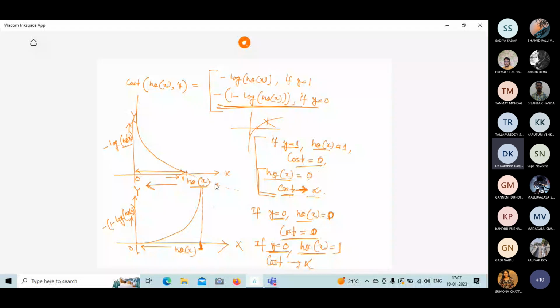The curve will go parallel to this perpendicular line, but both this perpendicular line and this curve will never meet. That is why we get the value of the cost function as infinity, when y is 0 and h theta x is 1.